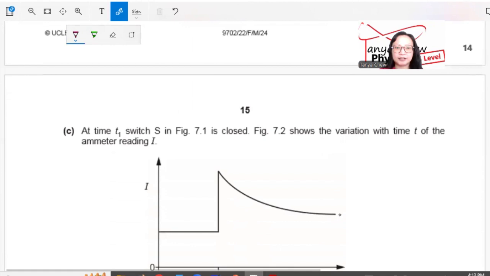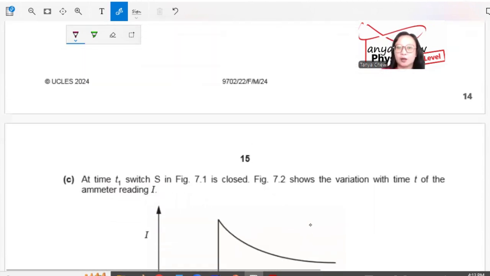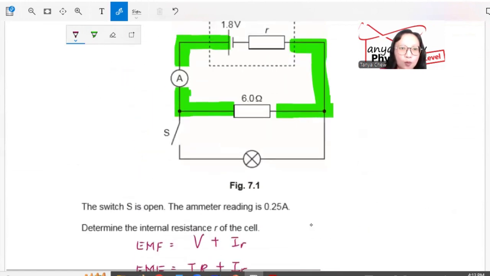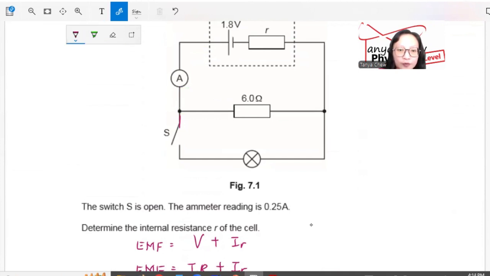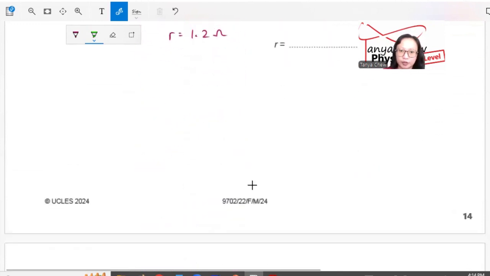Now, (c) at time T1, switch S in Fig 7.1 is closed. So the switch is closed, so the current will flow in the lamp as well as in the resistor.